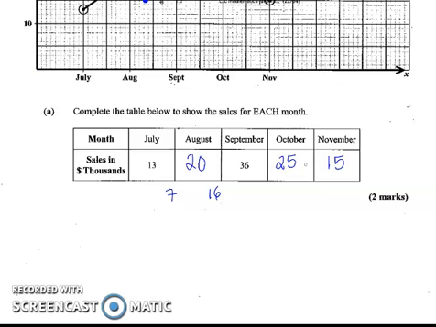Between September and October, there is a decrease of $11,000. The negative indicates a decrease. And between October and November, there's a decrease of $10,000. As I said, I find that when dealing with line graphs, this is a useful step. All right, so let's go to the next page.